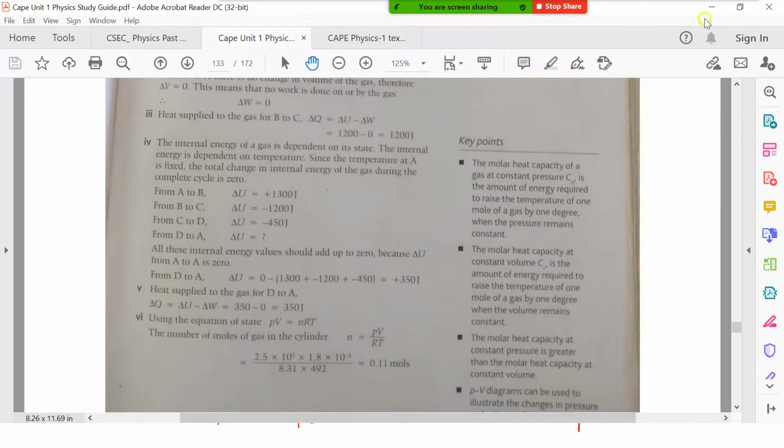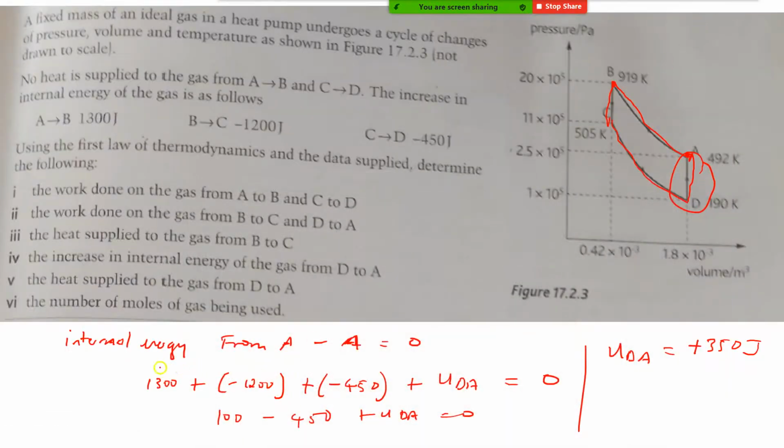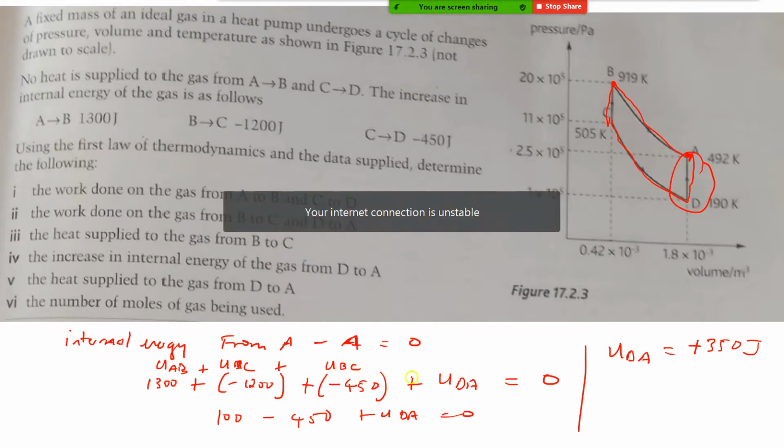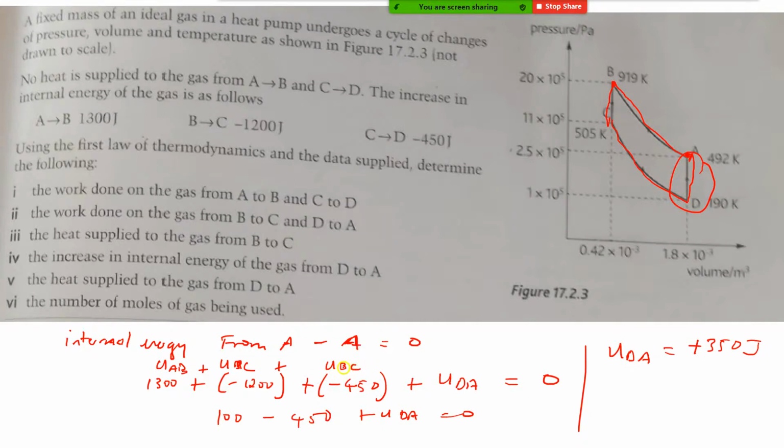So what you could have started out with is to say that the internal energy from A to B plus the internal energy from B to C plus the internal energy from C to D plus UDA is equal to 0.